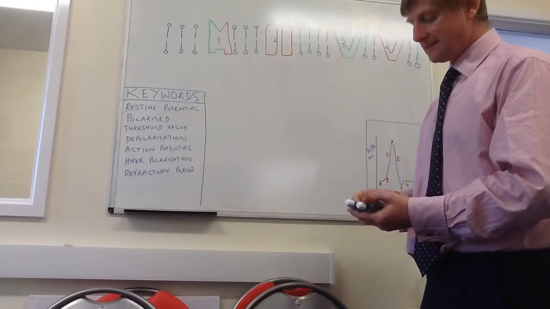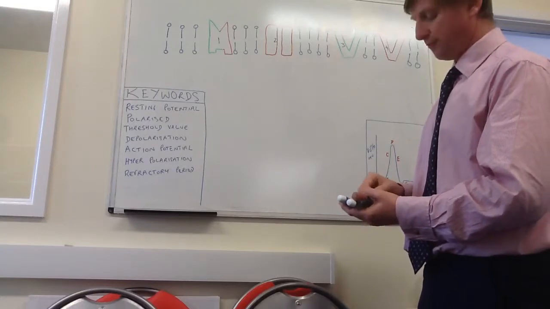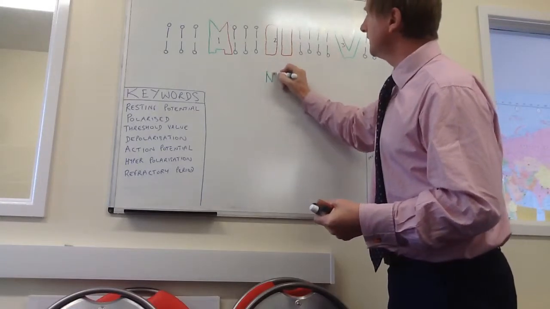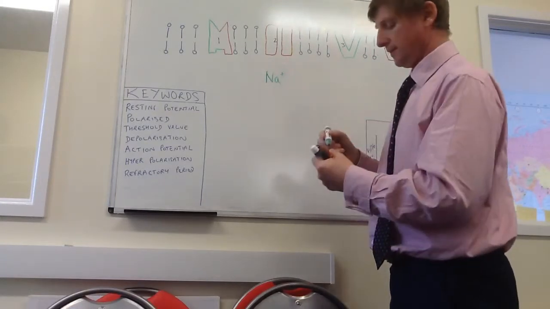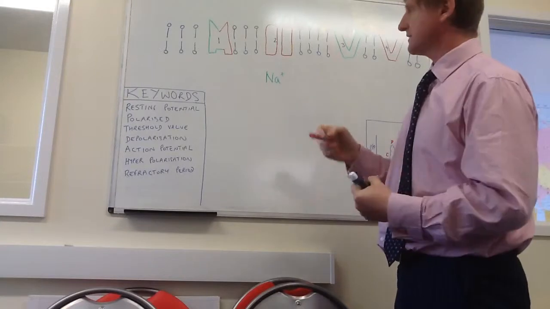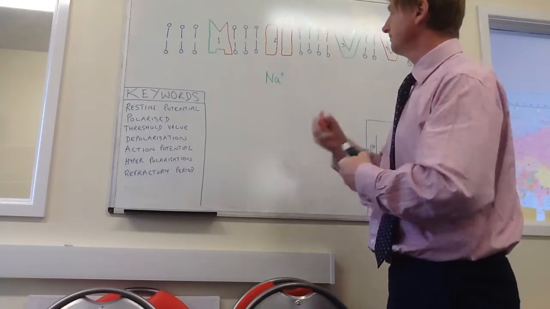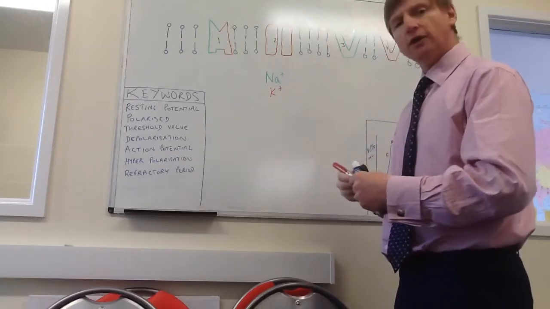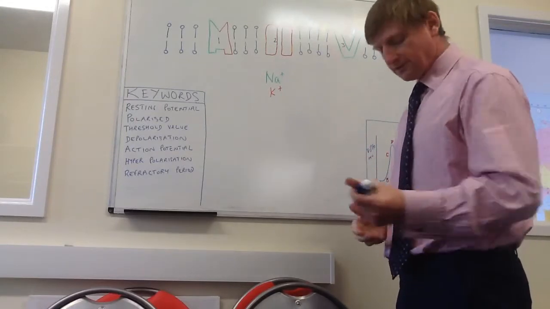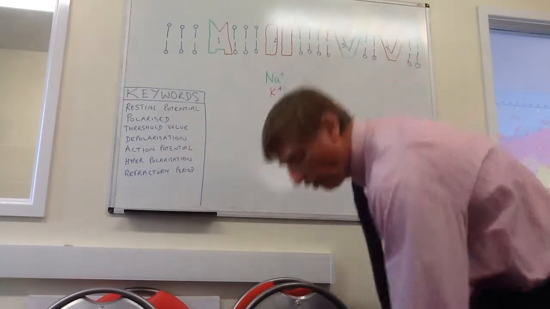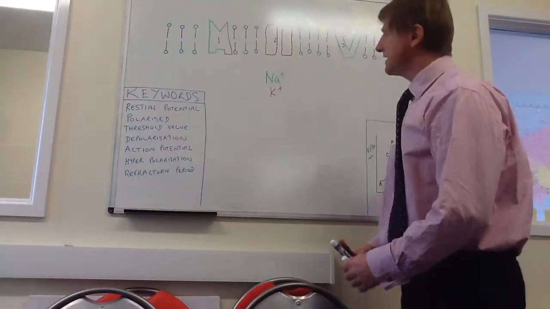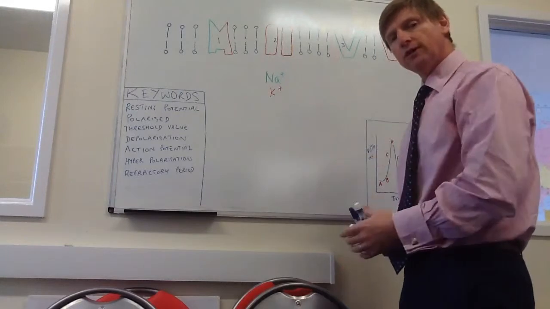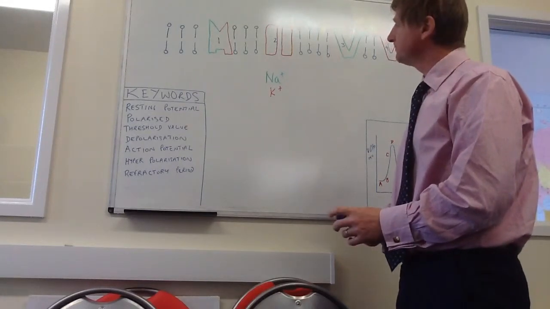And in this case, the key players are sodium, Na+, and potassium, K+. They are plus ions because the atoms themselves have lost an electron, and so there's now more protons in the nucleus than there are electrons, and therefore they are slightly positively charged.